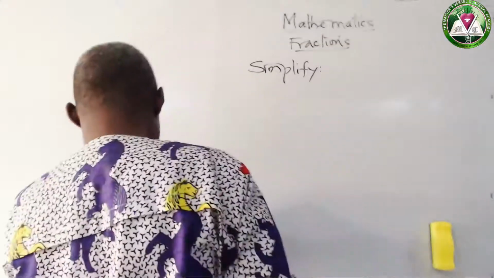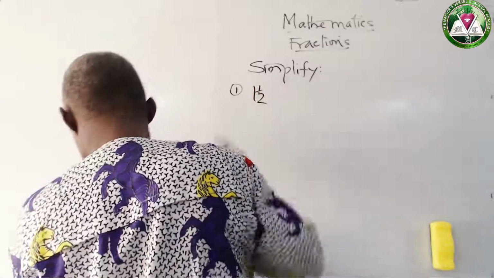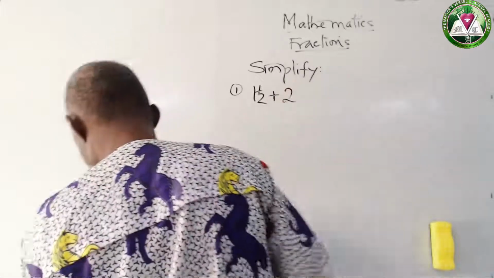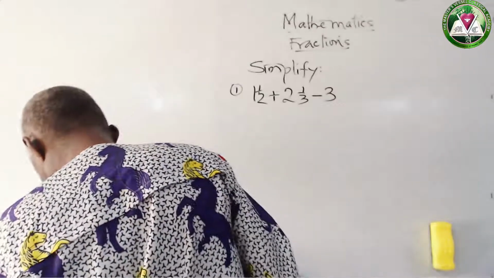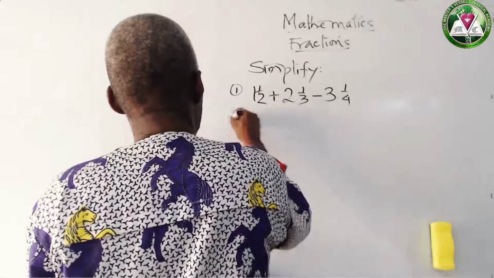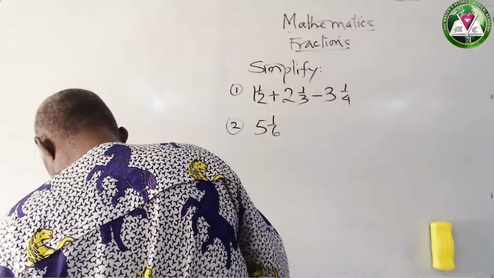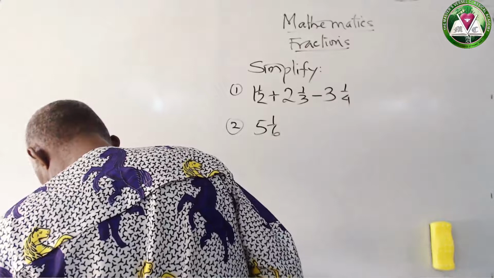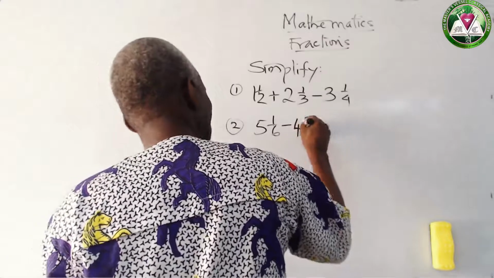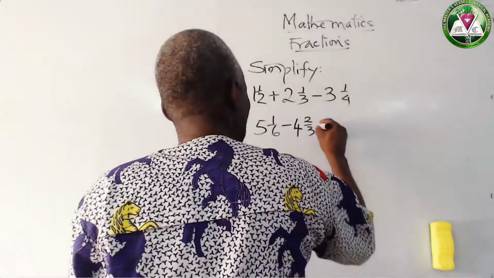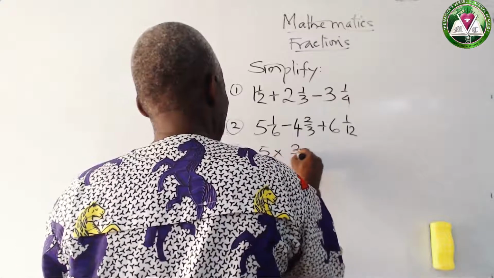That means you reduce them as they're supposed to be. Number 1. Number 2. Number 3. Number 4.